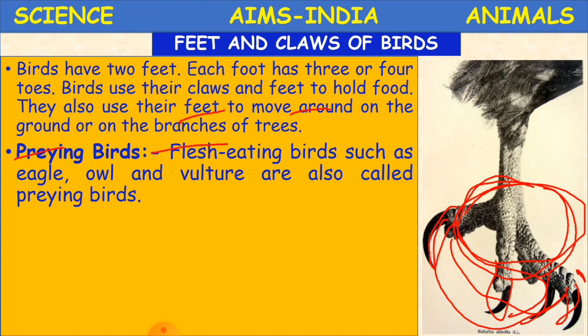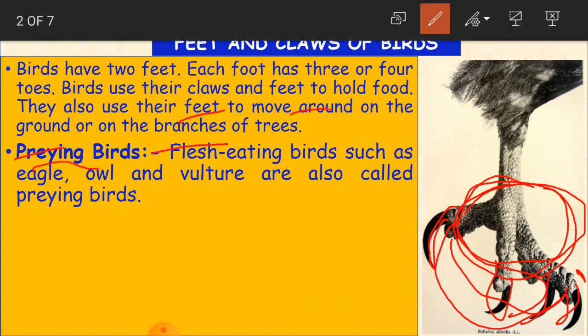So we are talking about preying birds now. What is prey, children? Prey in the sense what? If an animal is hunted and killed by another animal for food, we call it prey. Clear?